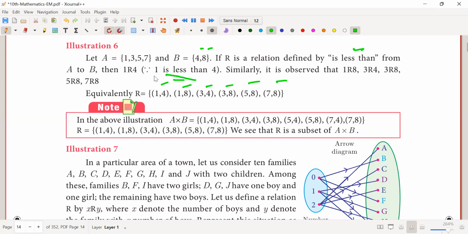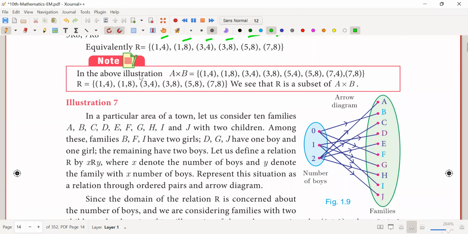If I ask for greater than, then 5 is greater than 4, 7 is greater than 4. Both will be the choice. Other things are not greater than this. So when you simplify the fact, you get the desired result.